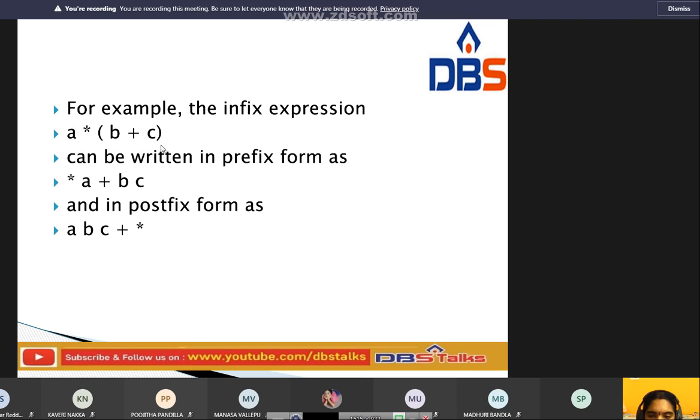A star B plus C is the whole expression, and B plus C is the sub expression.